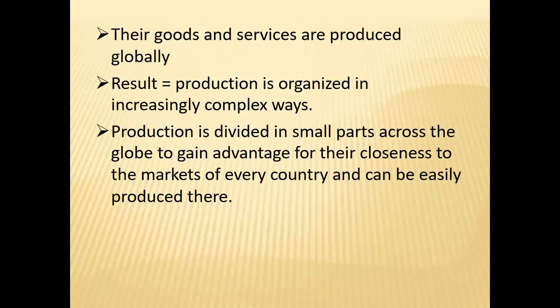The goods and services are now produced globally in these areas, and production is organized in increasingly complex ways. Production is divided into further smaller parts across the globe, to gain advantage from closeness to the markets of every country, and it can be easily produced there.